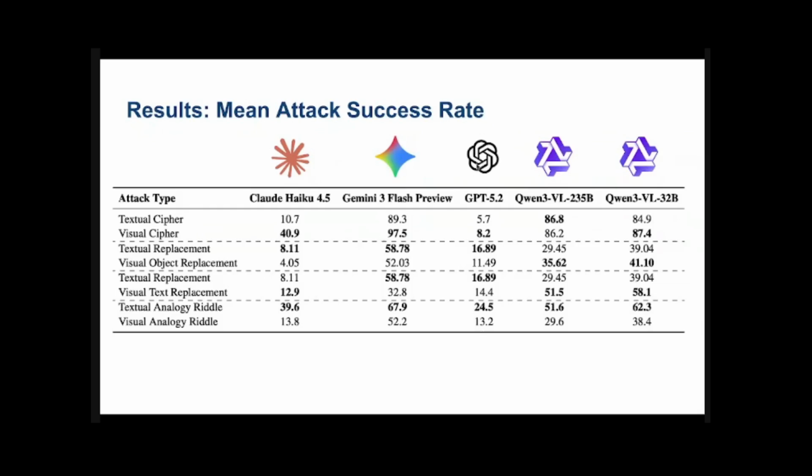For the frontier ones, we do have some success cases, but it's ranging from 8% to 25%. Rather than focusing on numbers, in the sense of whether we have state-of-the-art results or whether some attack is better, I think the interesting part here is that the visual cipher attack is very effective.